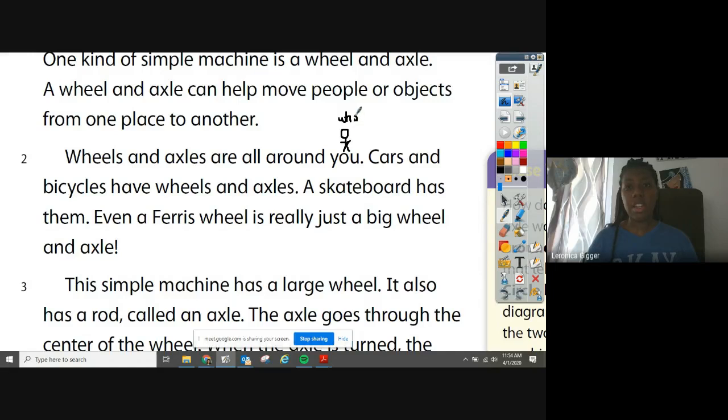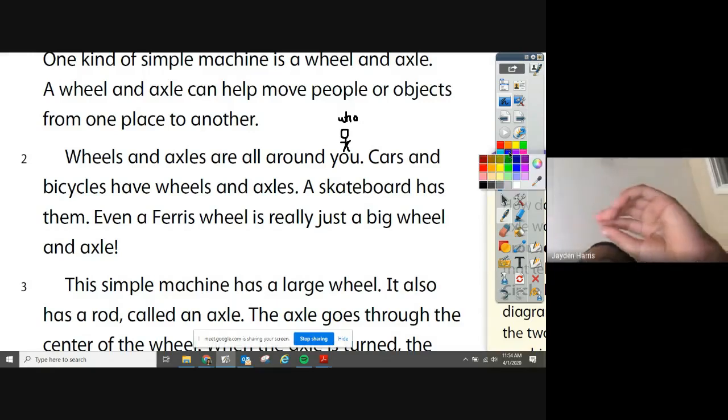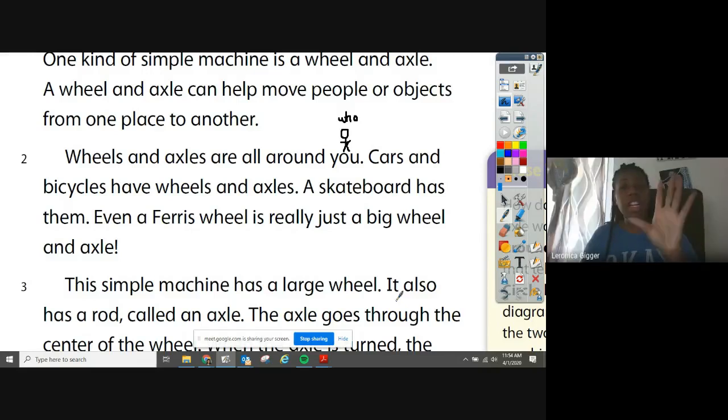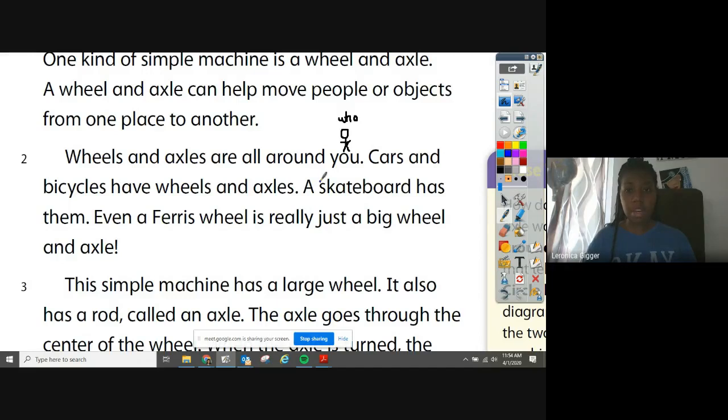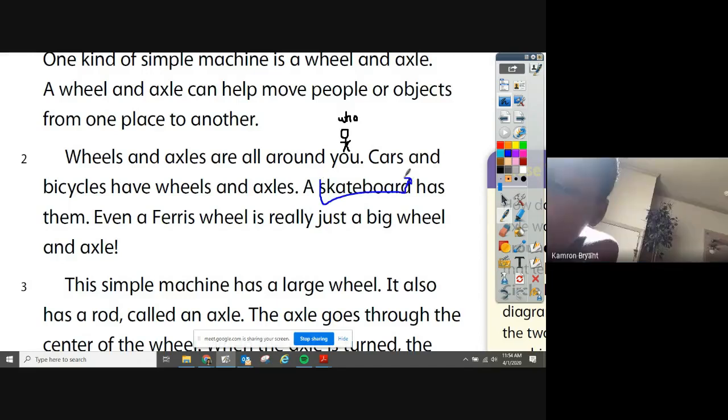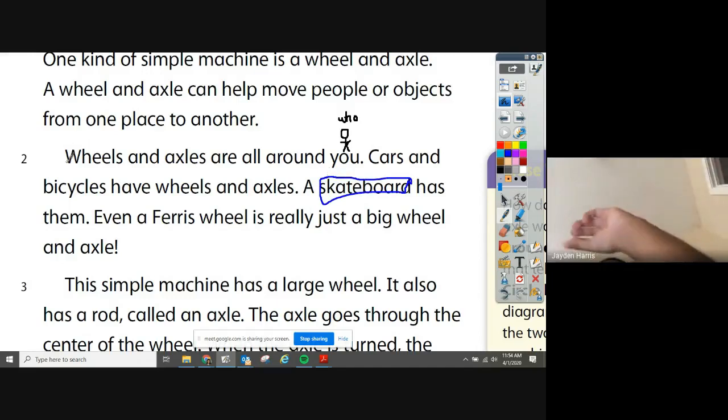What are some things that are learned about in this paragraph? So we did who. Now we want to think on what. What is being talked about? What are some things? A skateboard, Ferris wheel. Okay, a skateboard. What else? Wheel and axle. Bicycles.